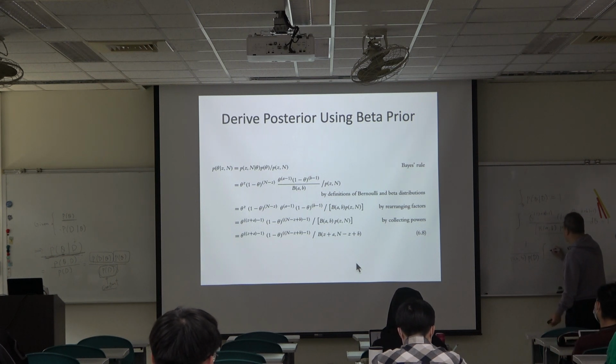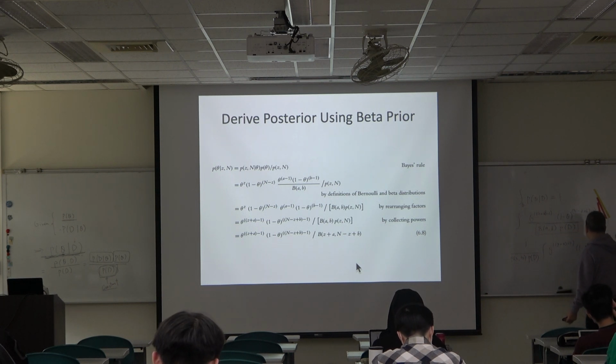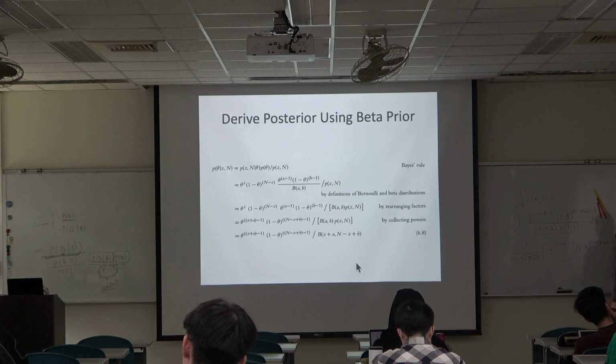And then the thing left will be theta to the power of z plus a minus 1, times 1 minus theta to the power of n minus z plus b minus 1, d theta.